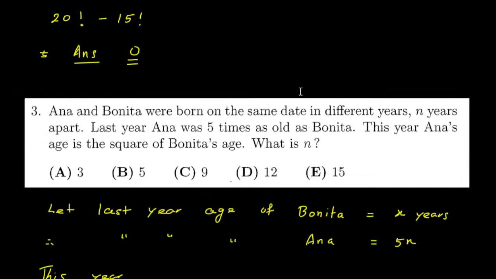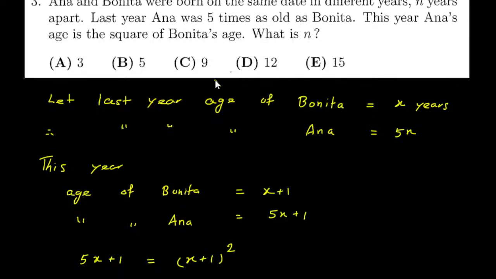So the difference between their ages is going to be 12. So what is n? The n is 12. Now if you want to cross check, you can put the value of x and see what their ages were last year and what their ages are this year, and check whether the age of Anna this year is the square of the age of Bonita this year.